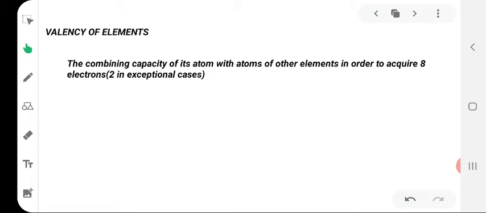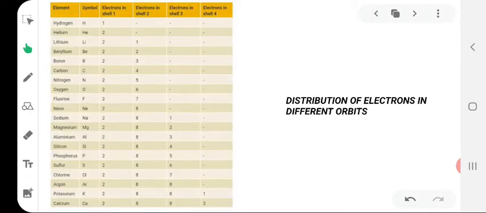Now out of these, if we check helium, neon and argon, they have the maximum number of permissible electrons in their outermost shell.